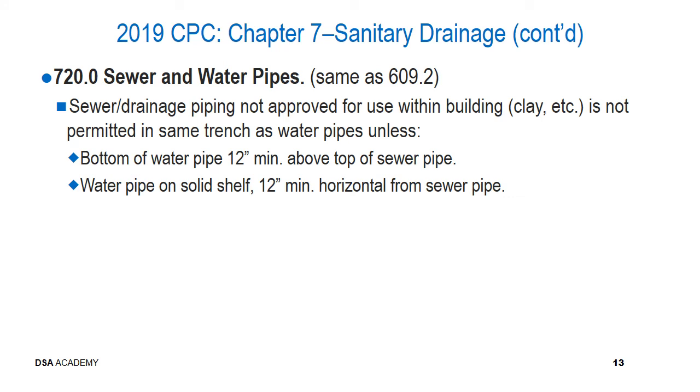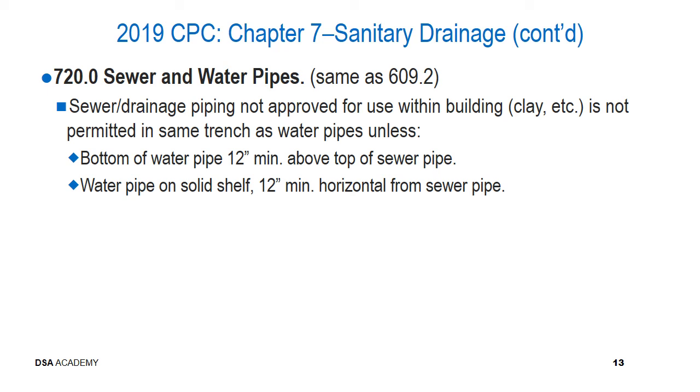Section 720 for sewer and water pipes located in common trenches is basically the same as what we've previously discussed from Section 609.2, which is that in order to allow sewer and water pipes to be in the same trench at the same elevation, they have to be comprised of materials that are permitted to be used above ground and inside of a building.